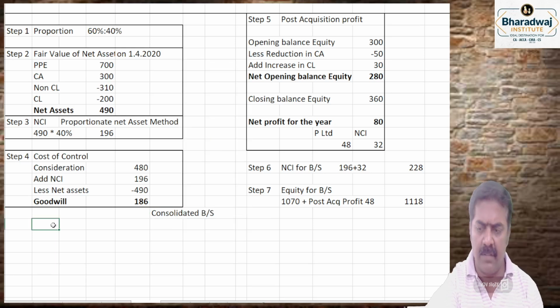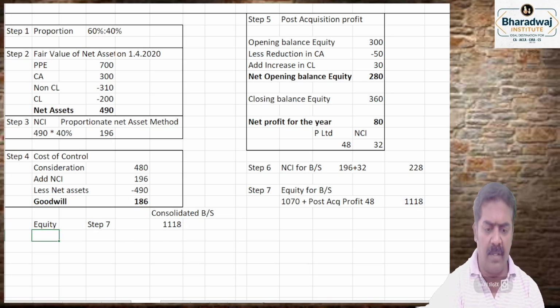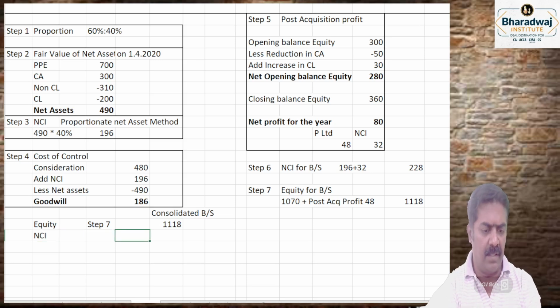Consolidated balance sheet. What will be the equity? Step 7. We are not given capital and this one separately. 1818 will come. Then what else will come? Equity includes reserves and surplus. NCI.